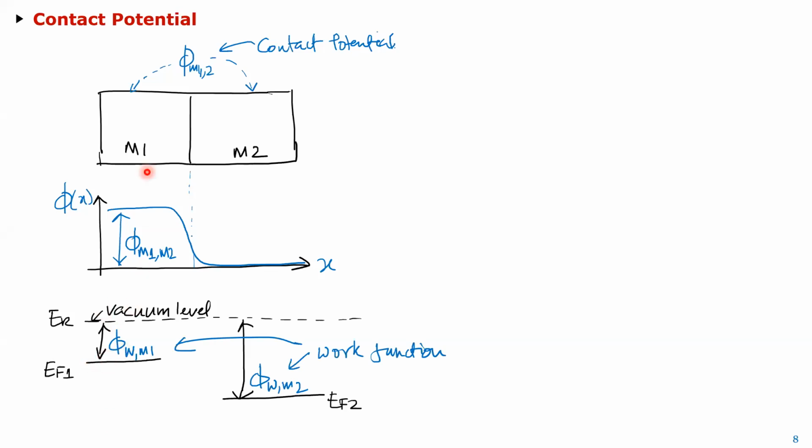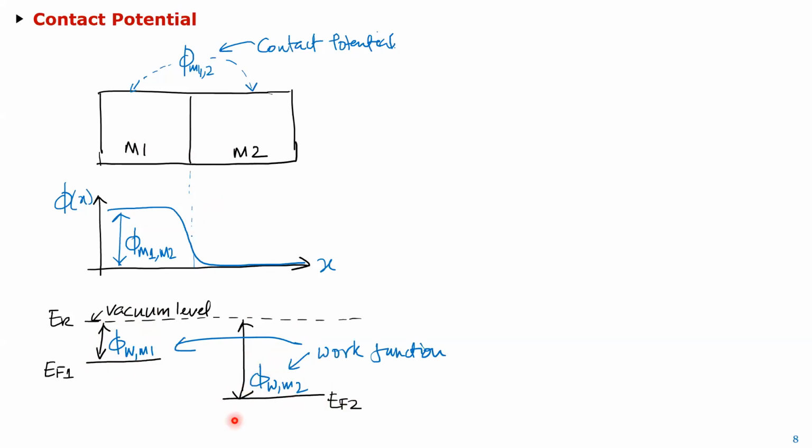If I pluck one electron from this material and take it to some part of the galaxy where there is no charge at all, I'm going to spend this amount of energy, which is called the work function of material M1. Material M2 has the lower Fermi level, so I'll do more work. Taking an electron from here to some point in the galaxy where there is no charge will cost me this much energy, phi Wm2.